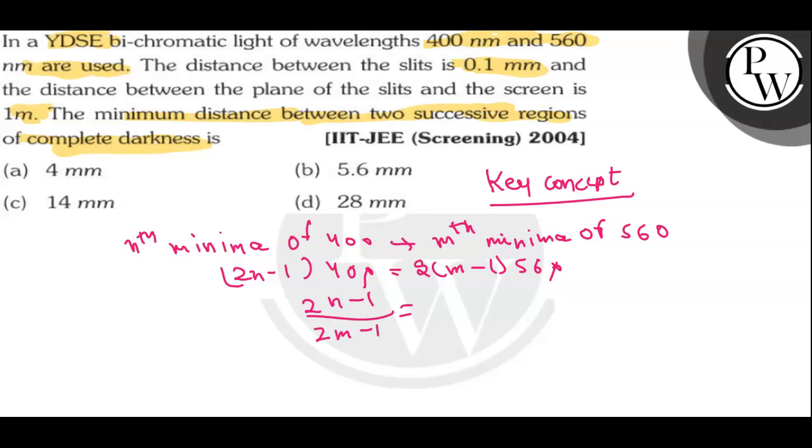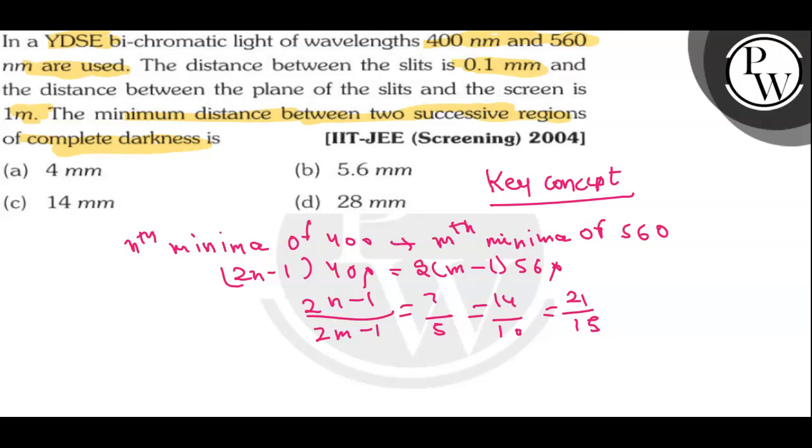If we multiply the ratio by successive factors, the first one would be 7 by 5, then multiplying by 2 it is 14 by 10, and then multiplying by 3 it is 21 by 15. These are the successive ones.